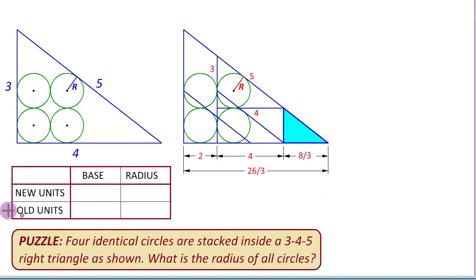So we can put it systematically like this. So we'll write the base and radius in the new units as we have found, 26/3 and 1, and we'll figure it out in the old units. The base is 4, how much should be the radius? Okay, so these are the values. So we'll just calculate this 4 into 1 divided by 26/3, which will give us 12/26, which is 6 upon 13. So that's the radius of this little circle, or rather all of these circles.